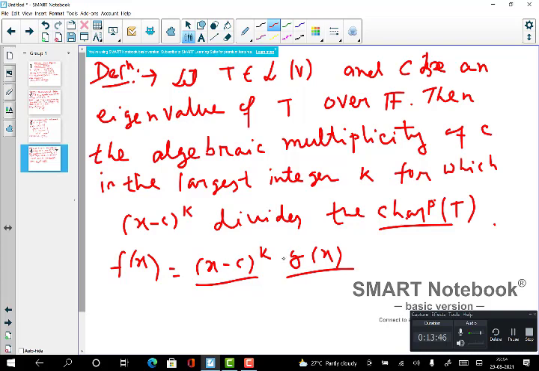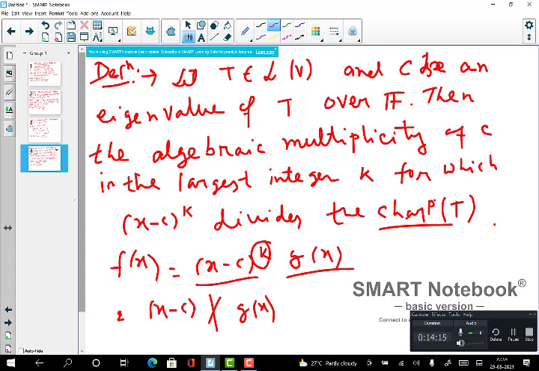GCD 1 means there are no common factors, so x minus c does not divide g(x). That means whatever power of x minus c divides f(x) is already there. This k is called the algebraic multiplicity of the eigenvalue c.